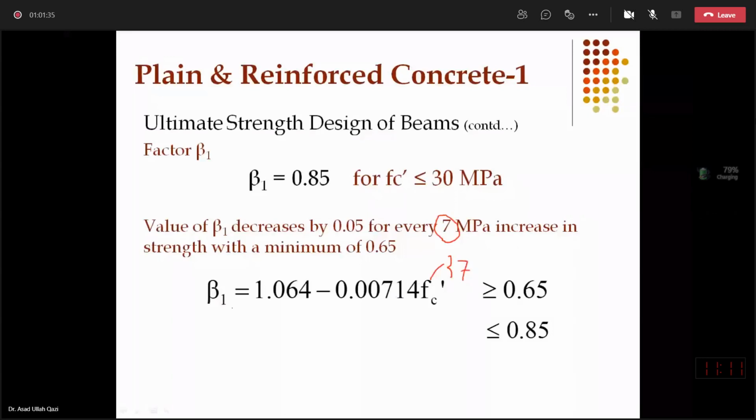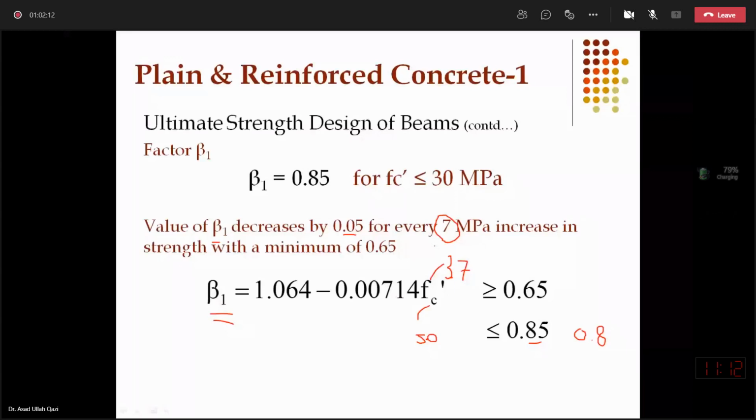If you have 40 megapascal concrete, put 40 here, get beta 1. If 50 megapascal concrete, put 50 here and get beta 1. The value of beta 1 decreases by 0.05, so from 0.85 it will go to 0.8. Then you will be using 37 over here. So for every 7 megapascal increase, it will drop by 0.05.